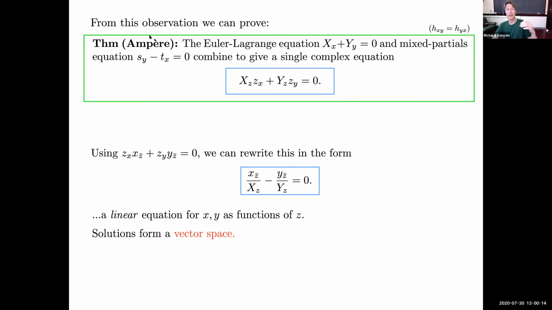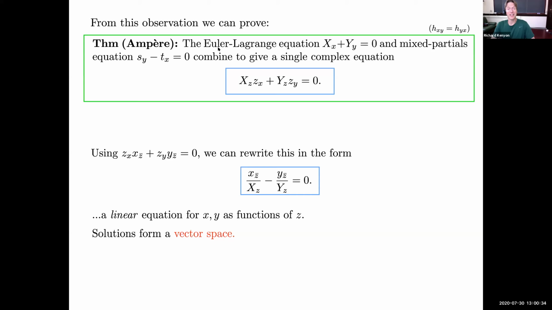All right, there's one further step which I didn't feel like I needed to bore you with more derivatives, but this is a theorem of Ampere, also extremely old, almost 200 years old.